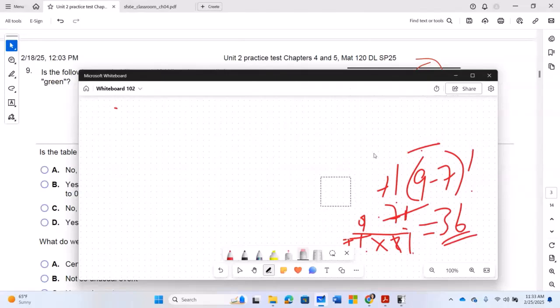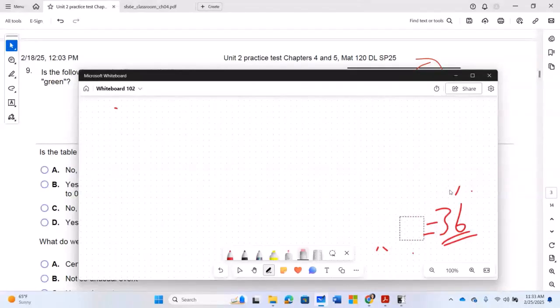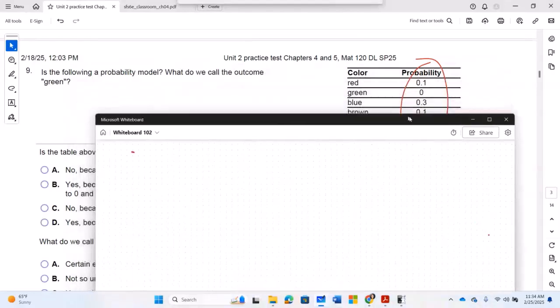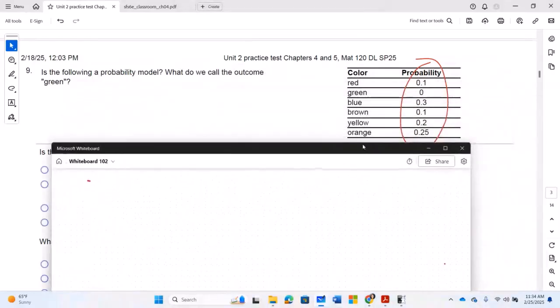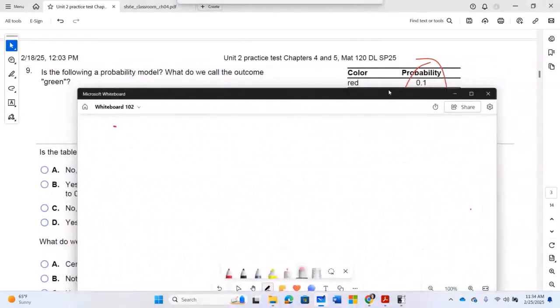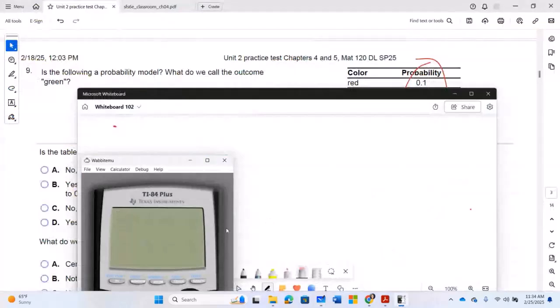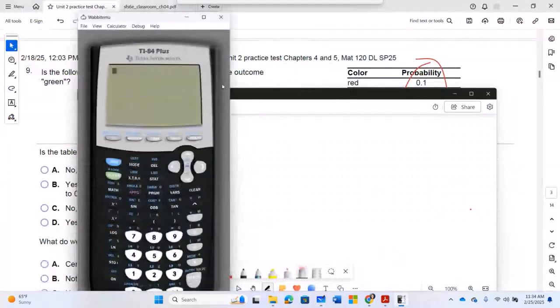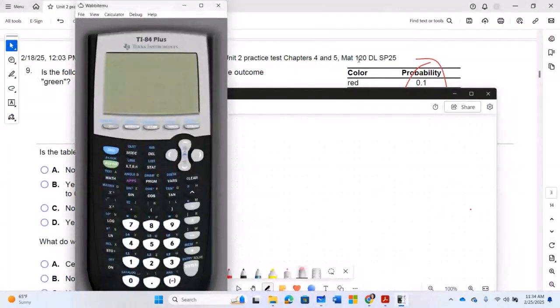If they are, it is a probability model. If it is not equal to 1, then it is not a probability model. Okay, so let's do the addition. If we get a calculator and add all the probabilities, we want to see if they will add up to 1.